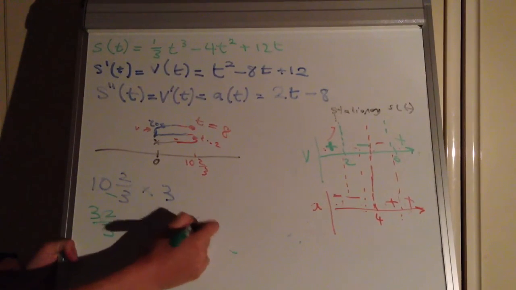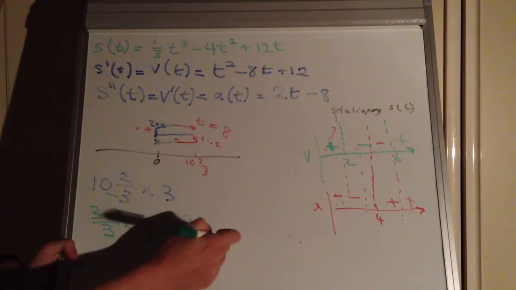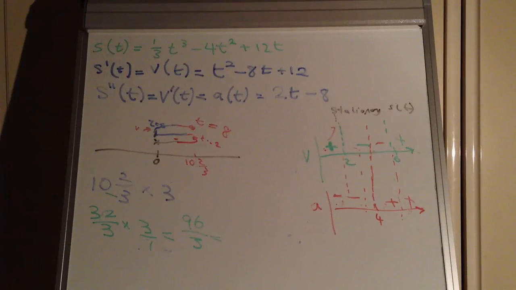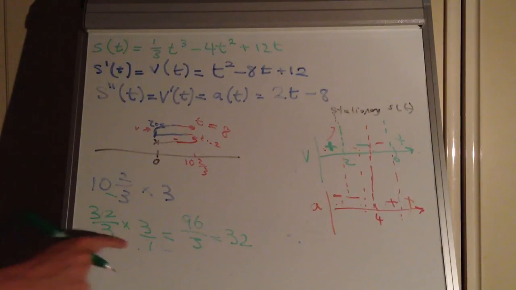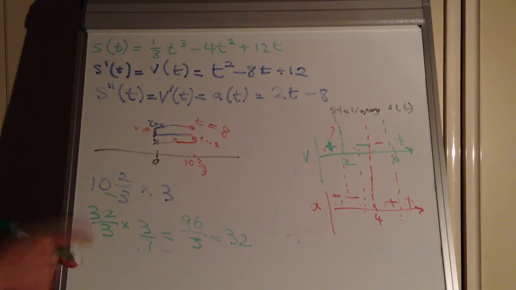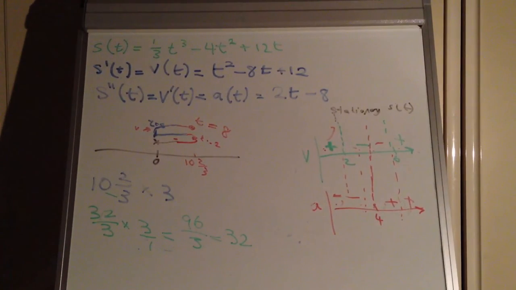And then it's 96 divided by 3, which is equal to 32. Again, sort of makes sense there, because we start with 32, we divide it by 3, and then we times it by 3, so of course it's going to be 32 in the end. Could have just taken a shortcut there, but doesn't matter.